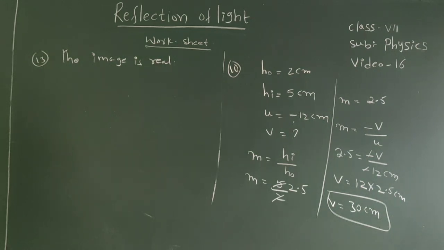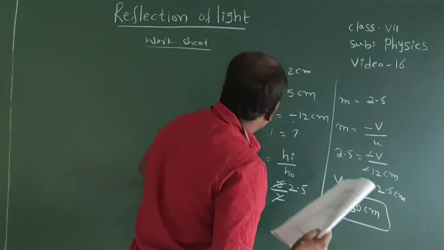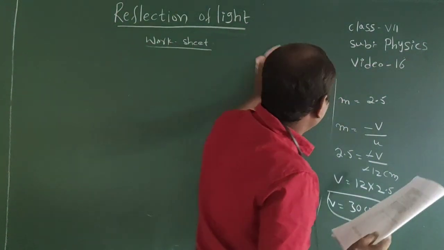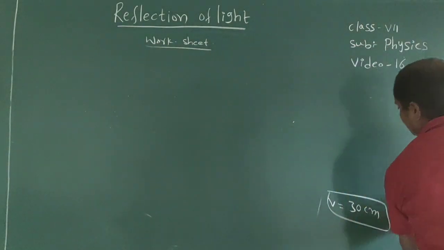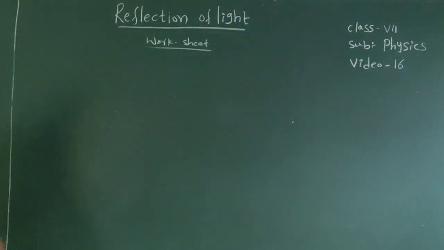Okay, next one, 14th one. The magnification m, the image distance v and the focal length f of a spherical mirror are related as... So what is the relation between focal length, image distance and magnification?